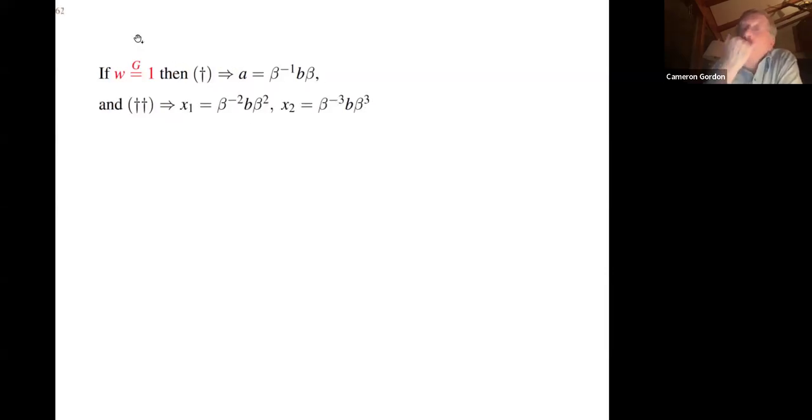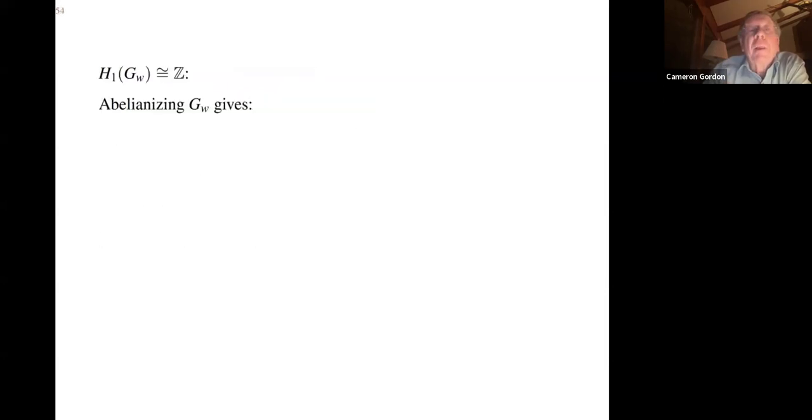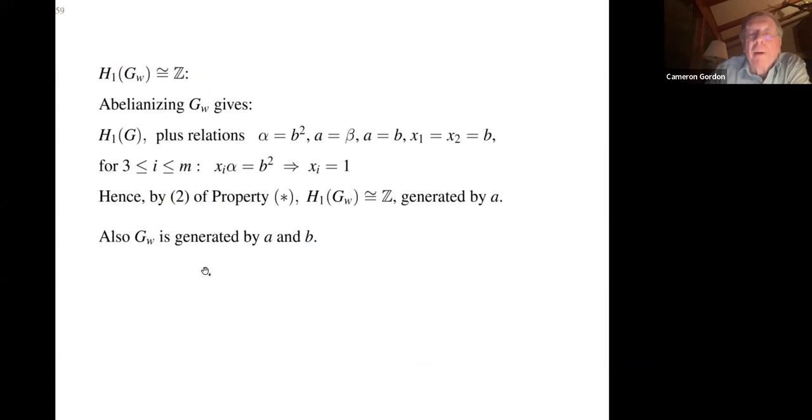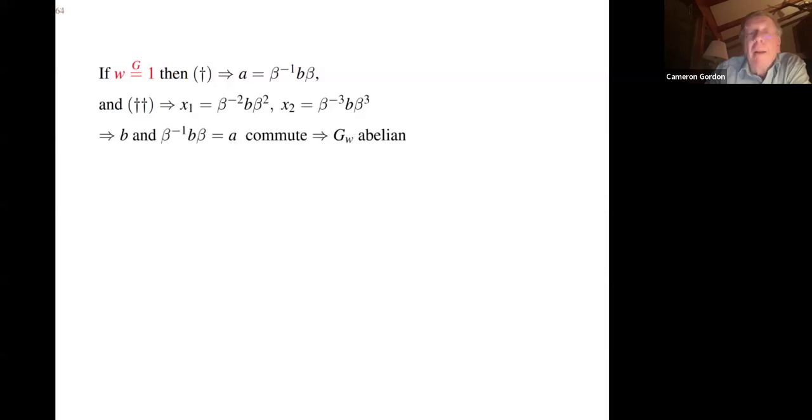And then if you look at the relations involving x1 and x2, if W is trivial, then those commutators become trivial. And so if W is 1, this just says that x1 is beta to the minus 2 B beta squared, and x2 is beta to the minus 3 B beta cubed. So those relations become very simple.